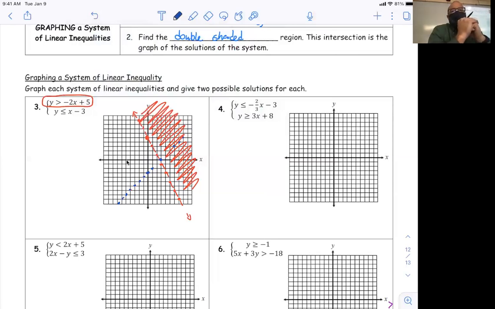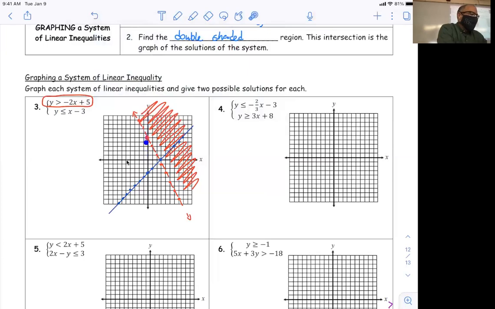When I pop that line down, what am I going to draw, a solid one or a dashed one? Man, you guys are good. Solid line, there it is. Okay, there's my solid line. And now the question is, are we going to shade above the solid line or below the solid line? Again, we're going to shade the y-axis below the line that I just drew.